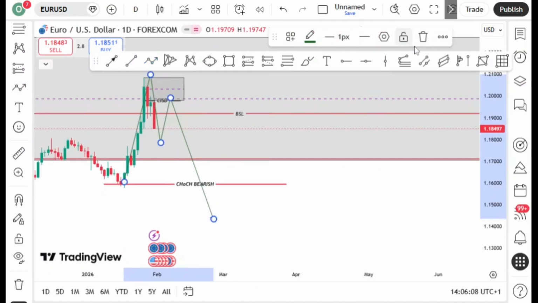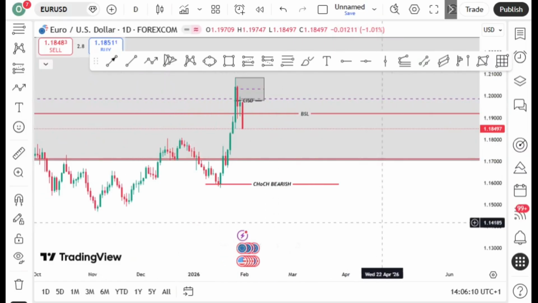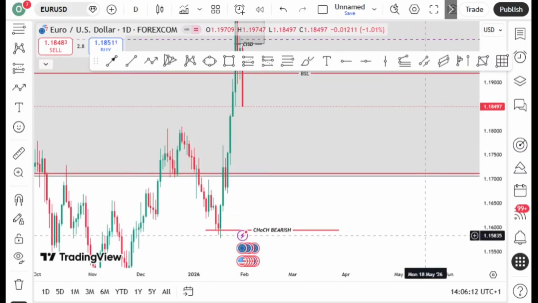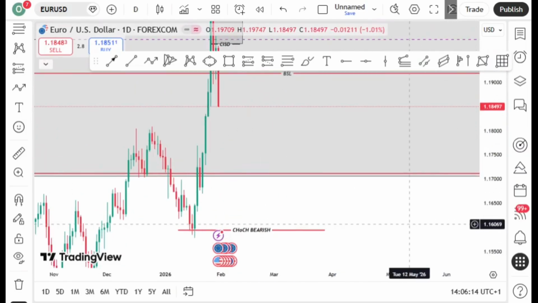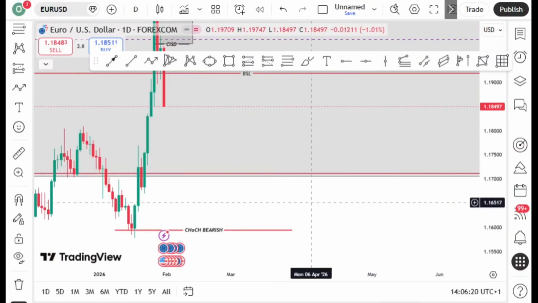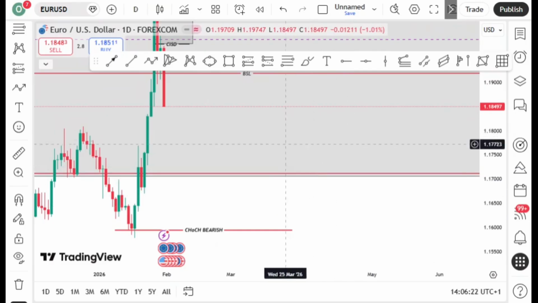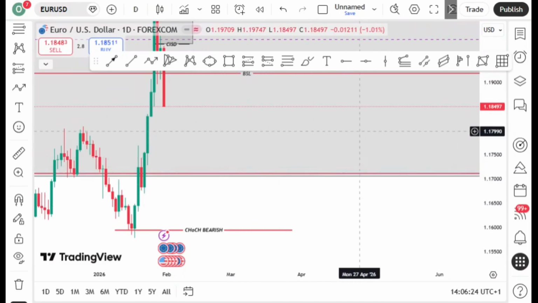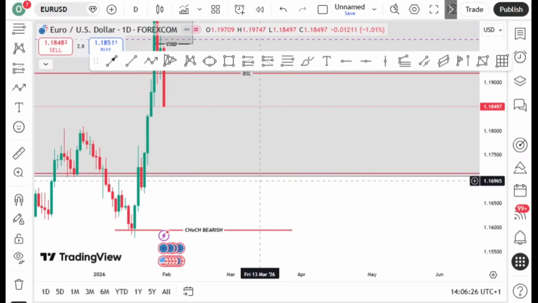Now during the question and answer, my anonymous question series, someone was like, flip zones. He or she needs to know more about flip zones.